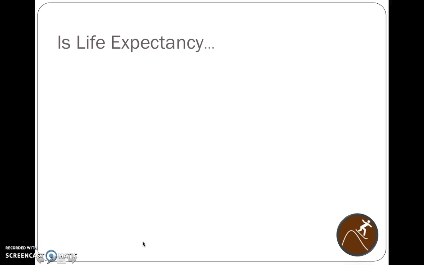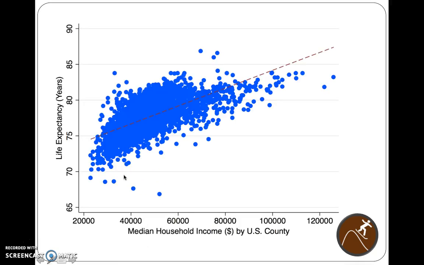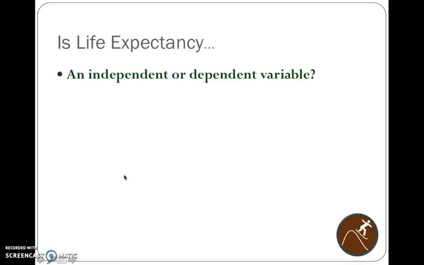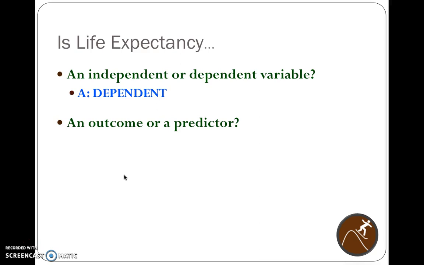But needless to say, we're going to use some terms here. Is life expectancy, as shown on this graph, an independent or dependent variable? You should be able to answer that, and the answer is dependent variable. Now the next question would be, is life expectancy an outcome or a predictor?